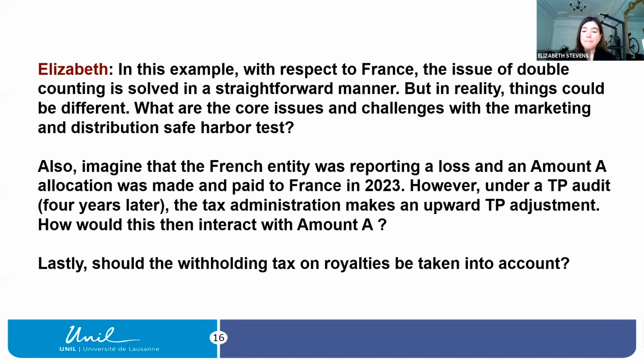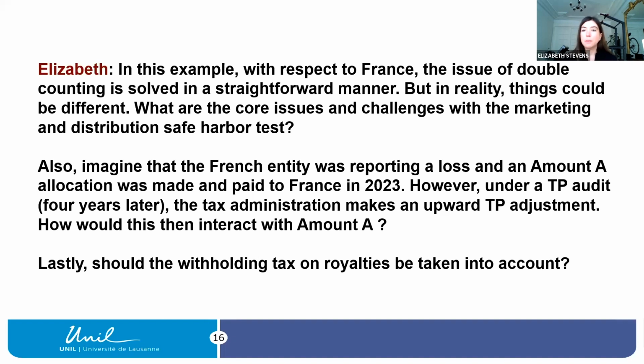Now maybe our French entity takes its case to MAP under the French-Swiss treaty. Switzerland is in a position of asking, do we give a correlative adjustment for this when we've already given up a piece of our tax base to the French under AmountA, and there's no mechanic for fixing it.